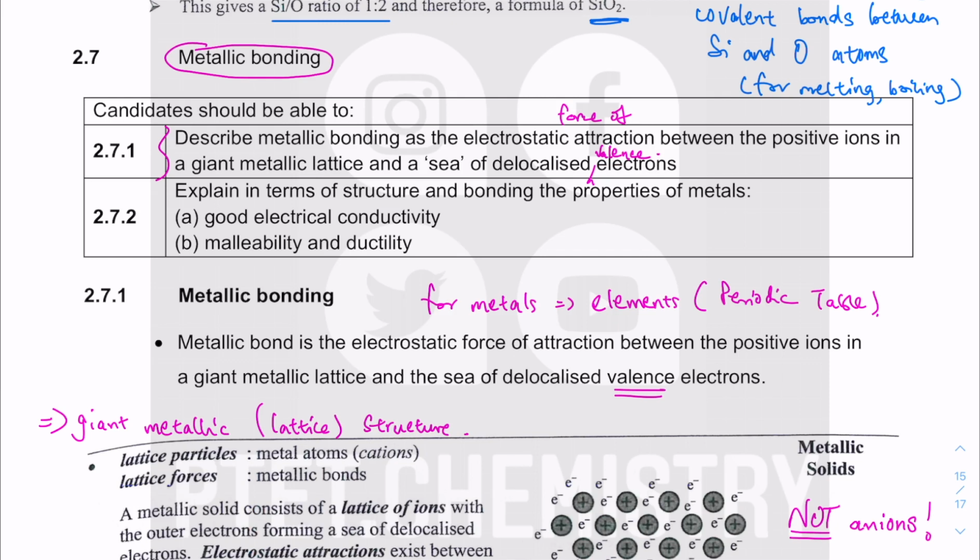Structure and bonding is the most important year 9 concept, okay, because everything onward from now, whenever you think about properties of substances, we all come back to structure, bonding, structure, bonding, structure, bonding. They all affect properties, physical properties, and sometimes chemical properties as well, right? But for chemical properties, usually we look at how many outer shell electrons it has. All right, so structure and bonding are very, very important.